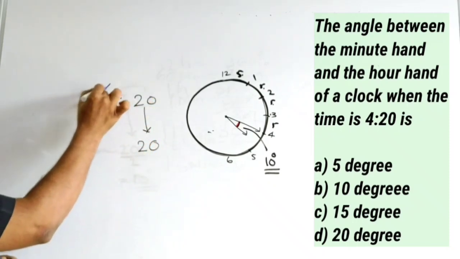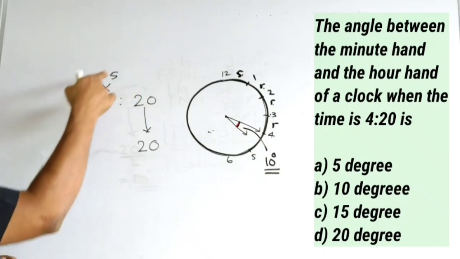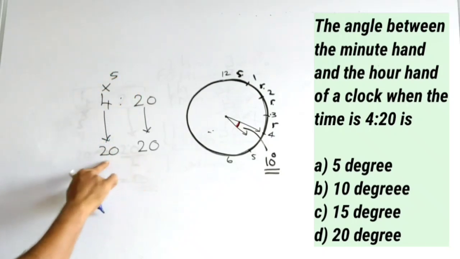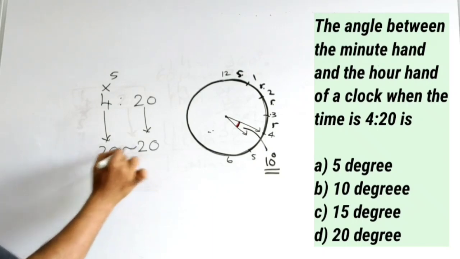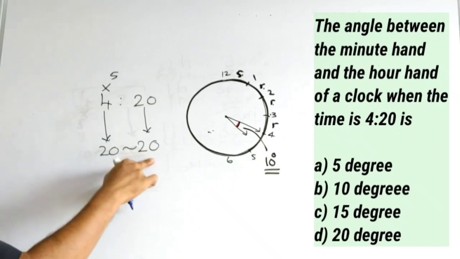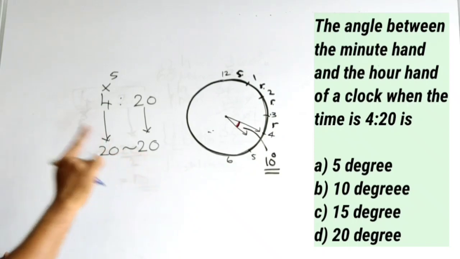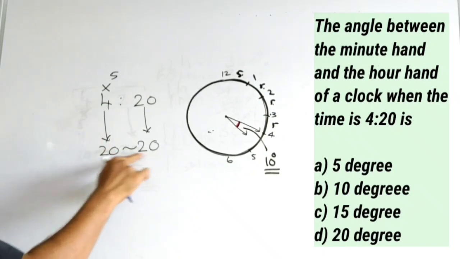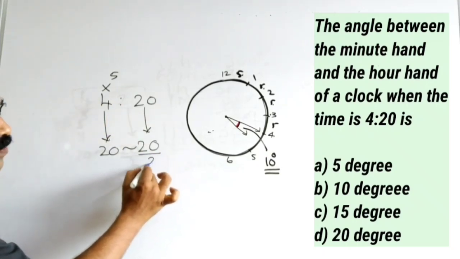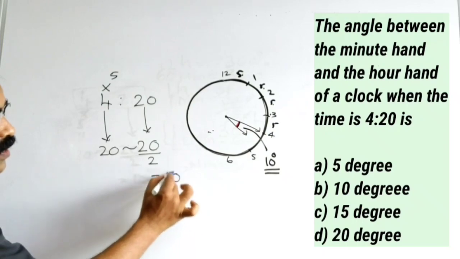This 4 is multiplied by 5, 4 into 5, we write 20 here. Now see the difference: 20 and 20, there is no difference. The difference is 0. If both these numbers are equal, your answer is just to divide this number by 2 to get the answer, 10 degrees.